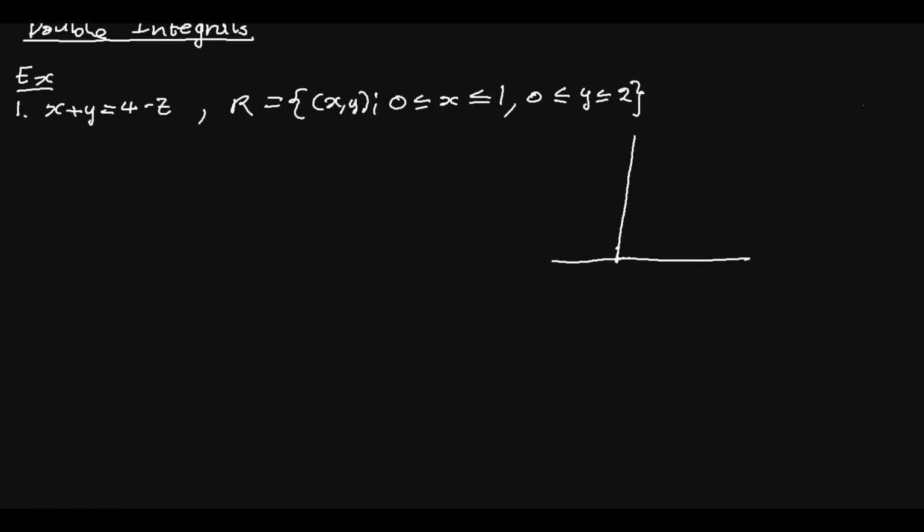So let me do that. This is where you read your limits. So this is the x, so this is the y. It's obvious, it's simple. It's just from 0 to 2, so this is our region here. And then it's from 0 to 1. So this is what we have.